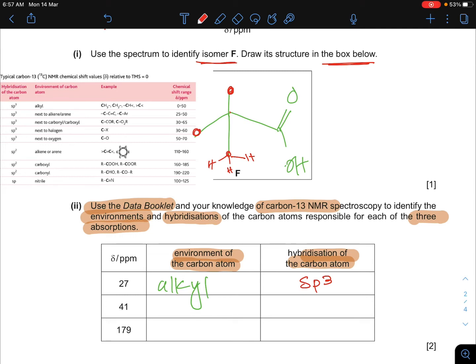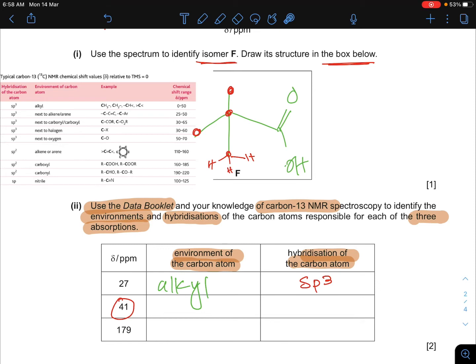All right. So the next peak is at 41. And the peak at 41 would be due to this carbon atom, the carbon which is directly connected to the carbonyl carbon. If you look in the table, the third row: next to carbonyl, it ranges from 30 to 65. And we have the peak at 41.